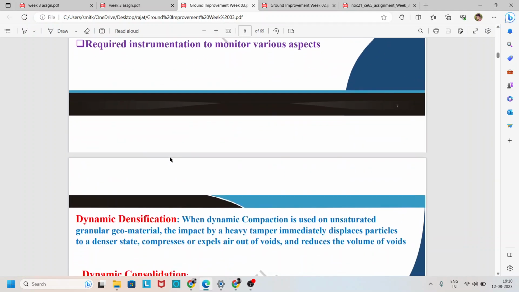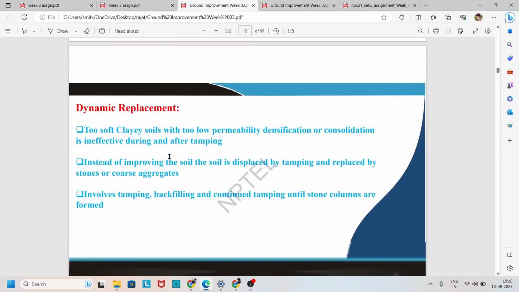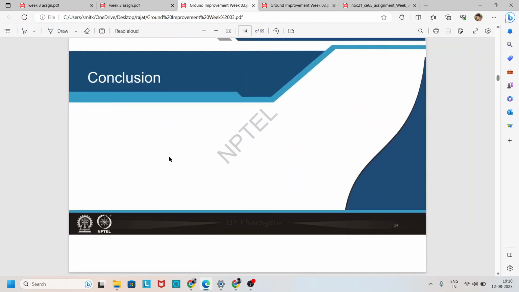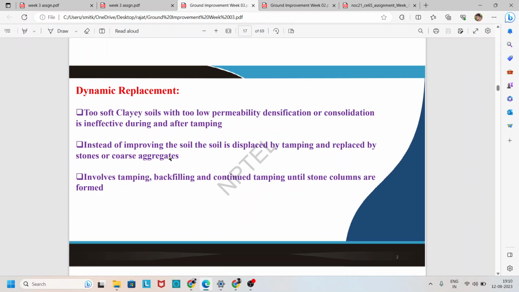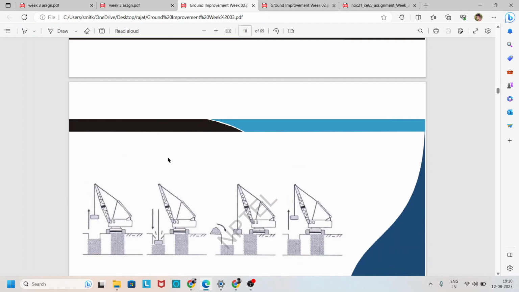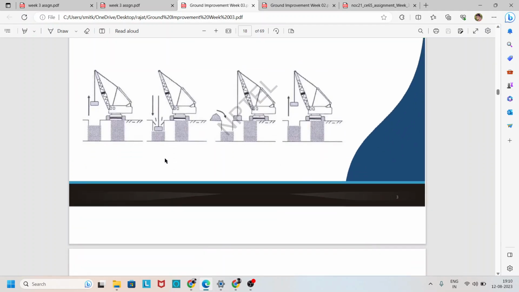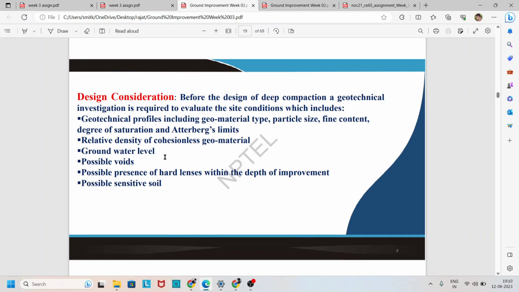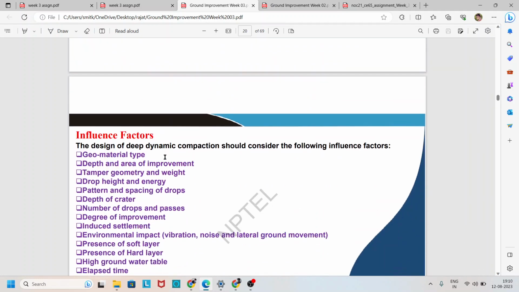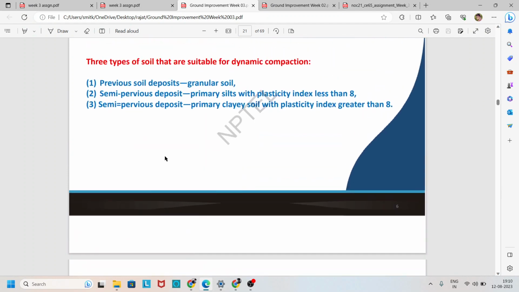We have already discussed what deep dynamic compaction is, what the different factors are, what dynamic replacement is, and design considerations. Now we are discussing the different types of soil that are suitable for dynamic compaction.